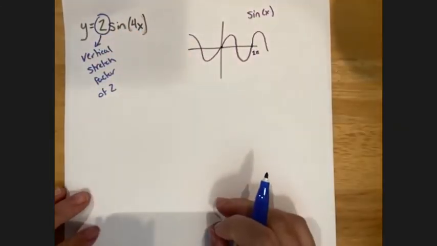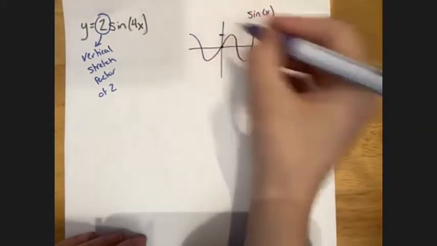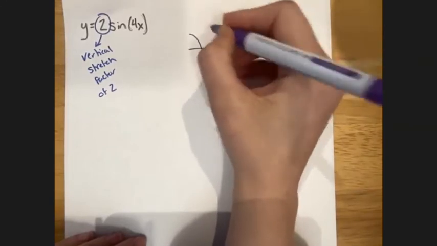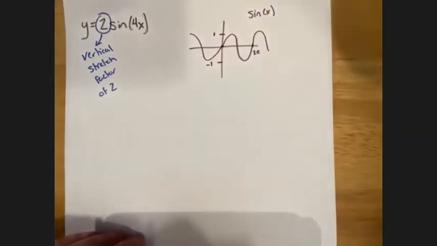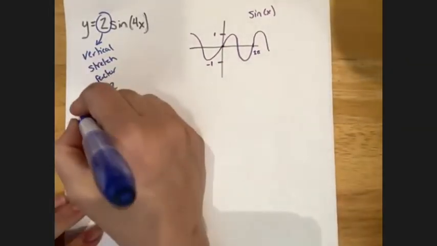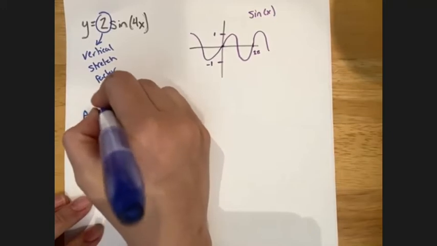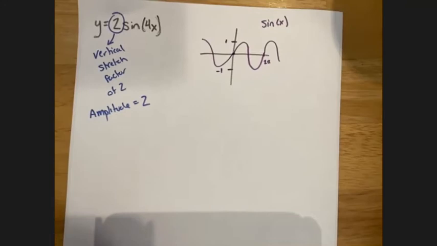Now, what is that going to impact? That's going to impact our amplitude. Now, the original amplitude of our sine graph, sine went between -1 and 1, so it had an amplitude of 1. We have stretched this by a factor of 2, which means our new amplitude is 2.